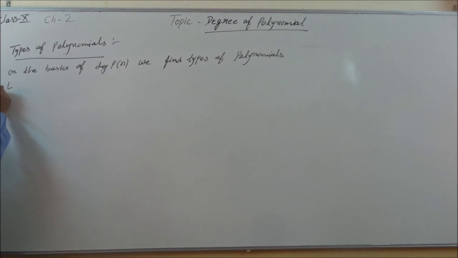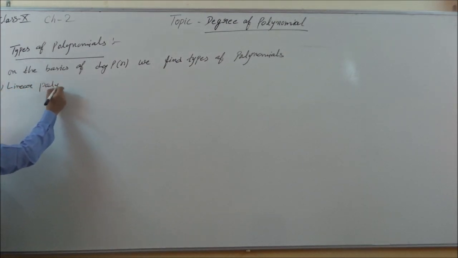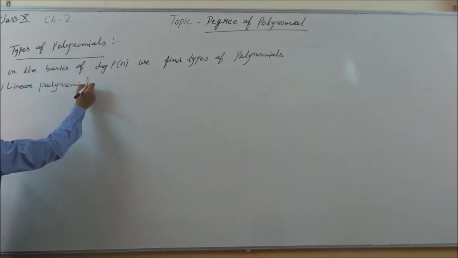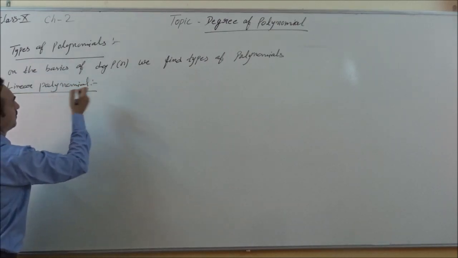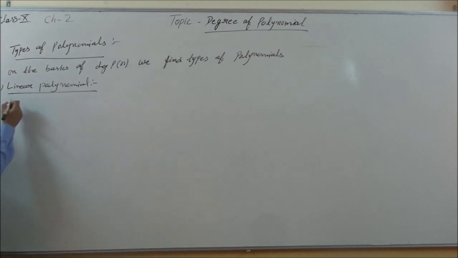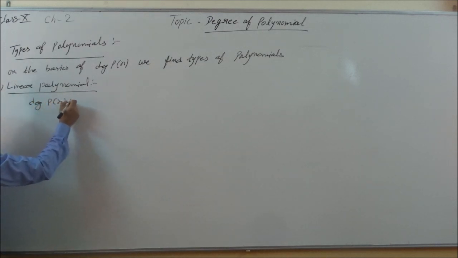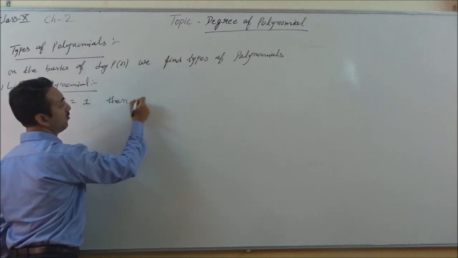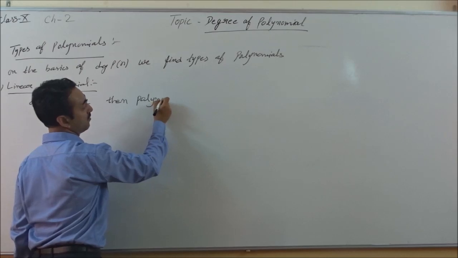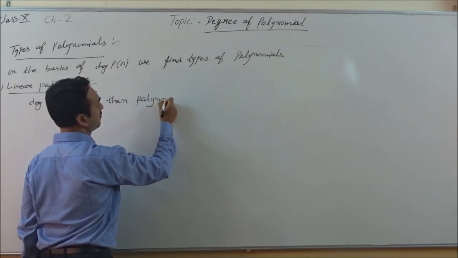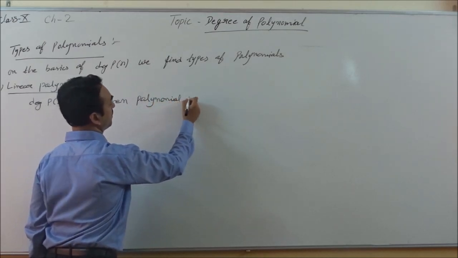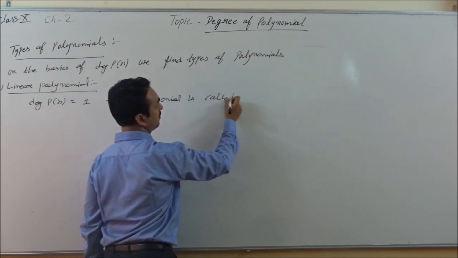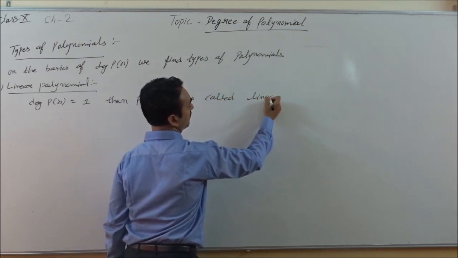First, linear polynomial. You have to remember, if the degree of a polynomial is 1, then the polynomial is called a linear polynomial.